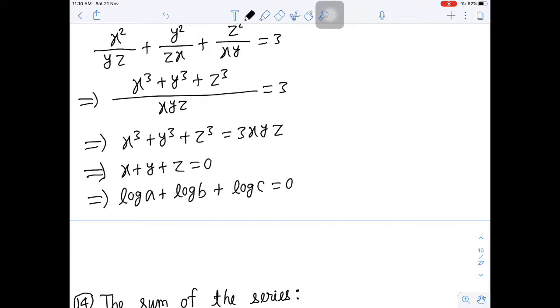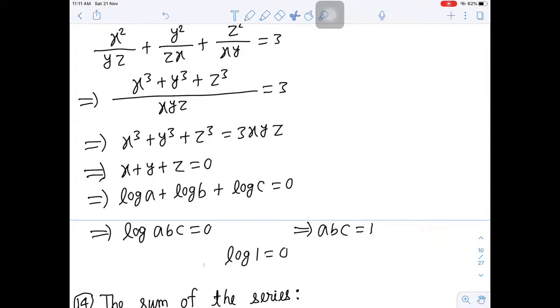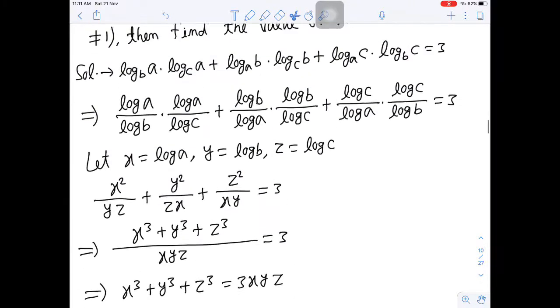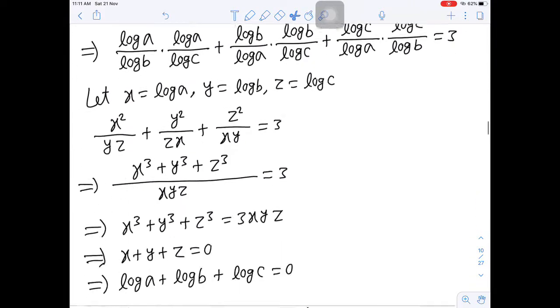So if you apply the properties of log m plus log n plus log p, that is nothing but log of mnp, so it will become log abc equals 0. And log is 0, you know very well, whenever it will be 1, like log 1 is 0, right? So then this has to be 1, so abc is 1. That is the answer.